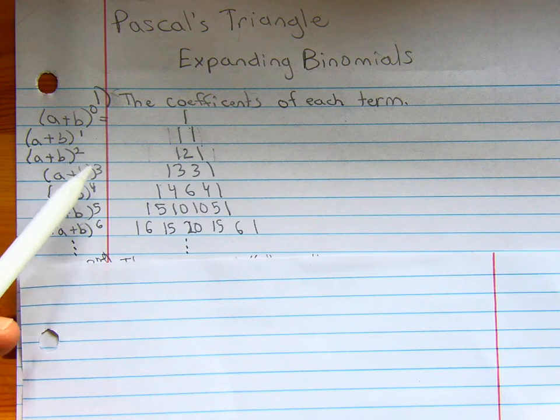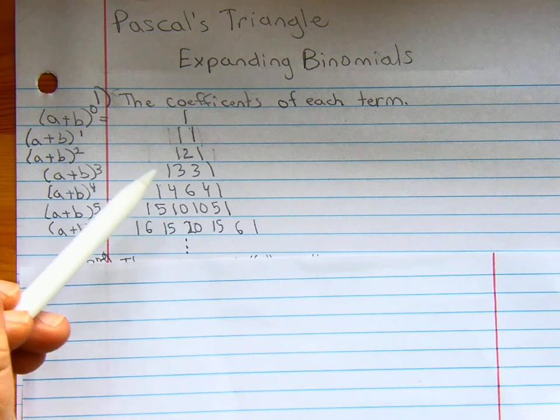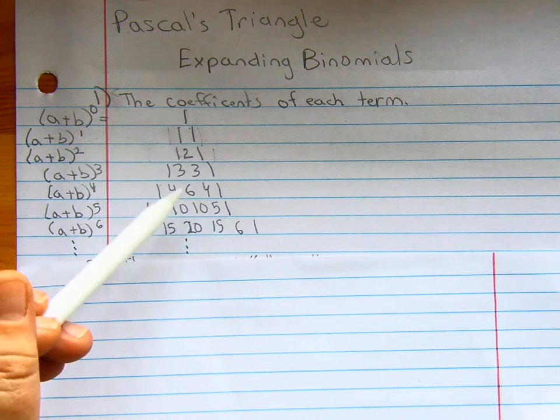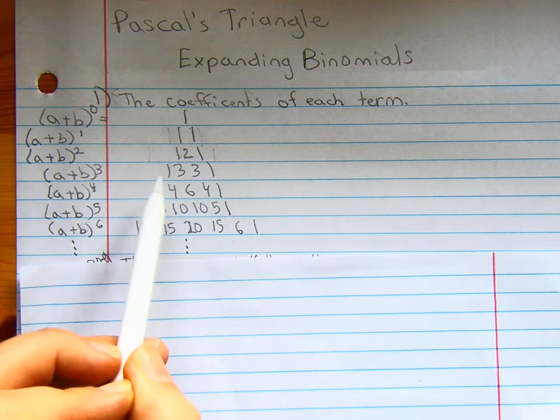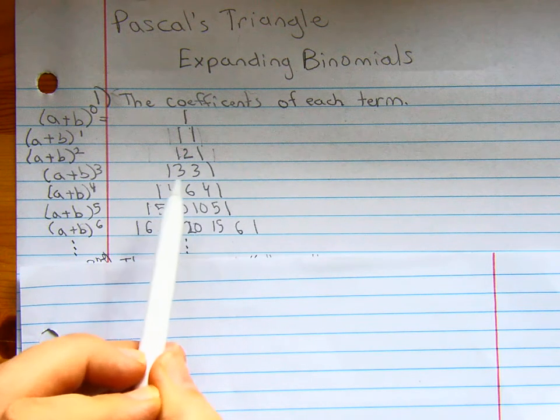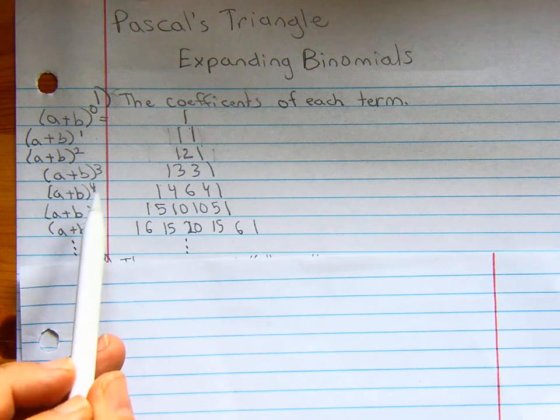So when you took a plus b times a plus b times a plus b, and did all the multiplication for it, you will find that these will be your coefficients of the 4 terms that you have when it's all said and done.